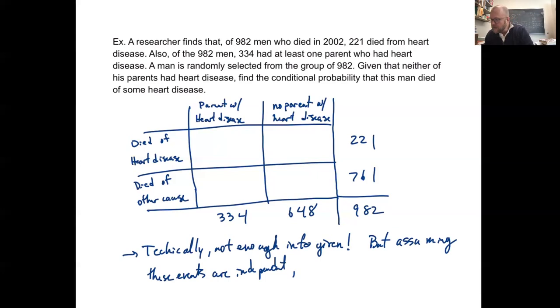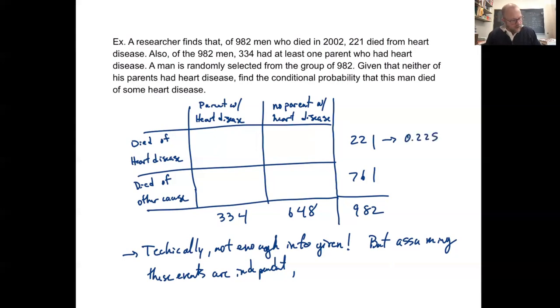So if we are doing that, then we can figure out probabilities all across the board here. So the 221 out of 982, that would be about 0.225.